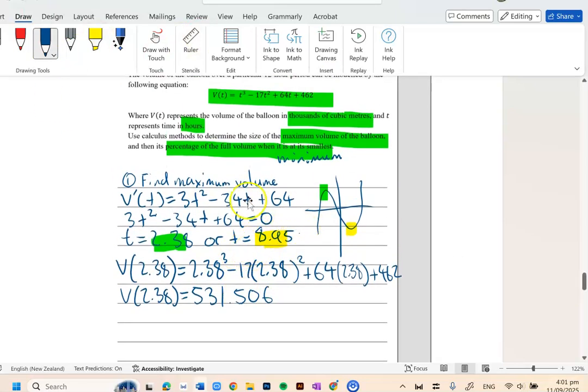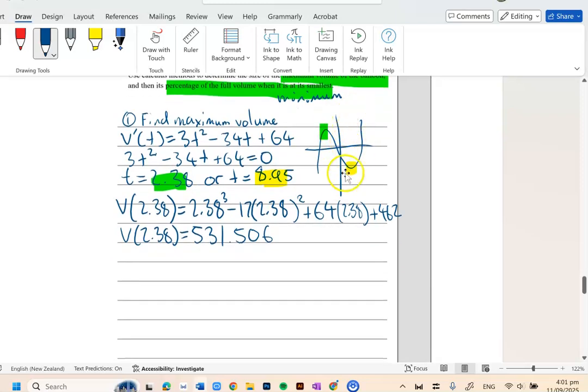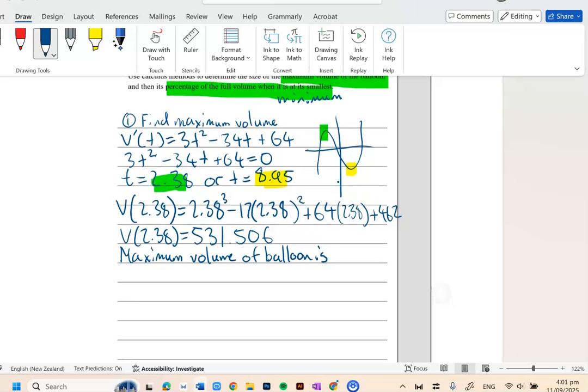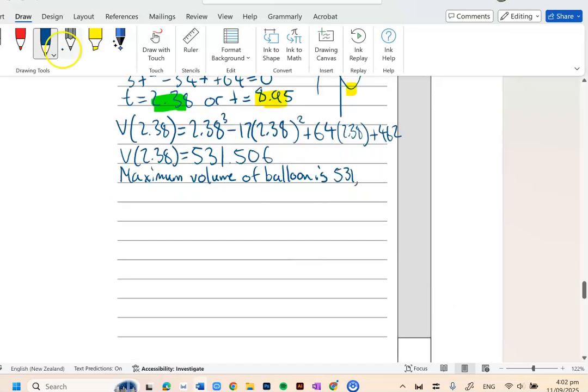Now we have to give it some context, so we've got to write something like: maximum volume of balloon is 531,506 cubic meters.